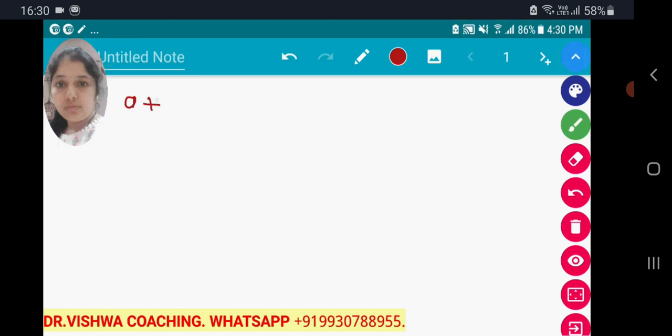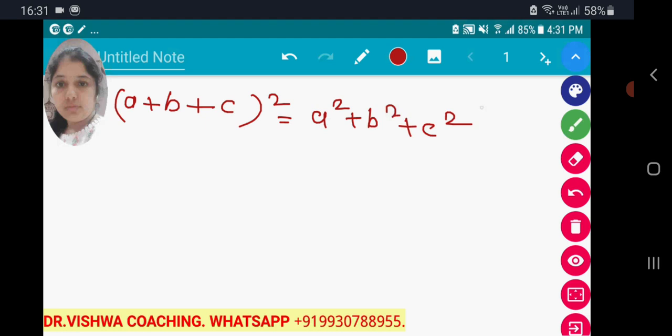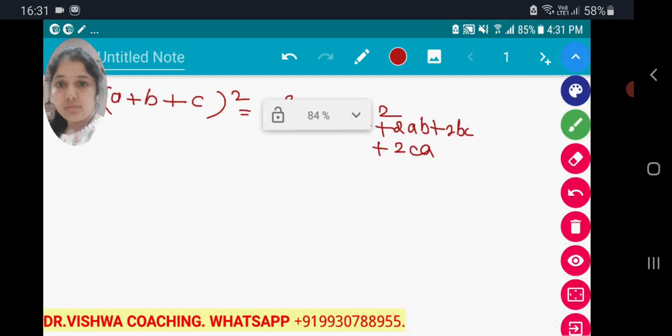(a plus b plus c) whole square is equal to a square plus b square plus c square plus 2ab plus 2bc plus 2ca. Now this formula we all know.